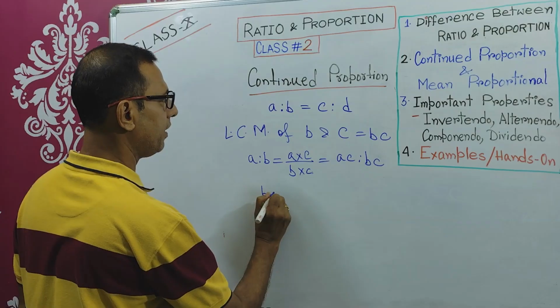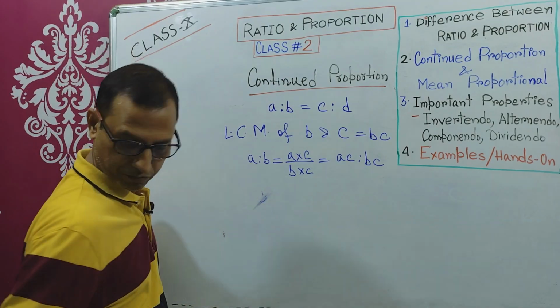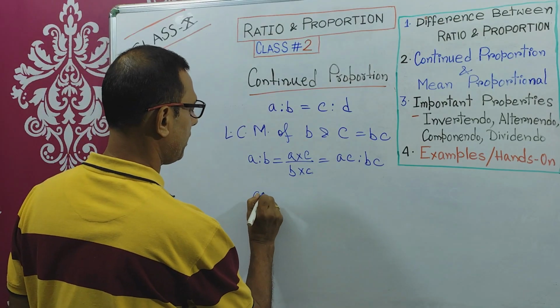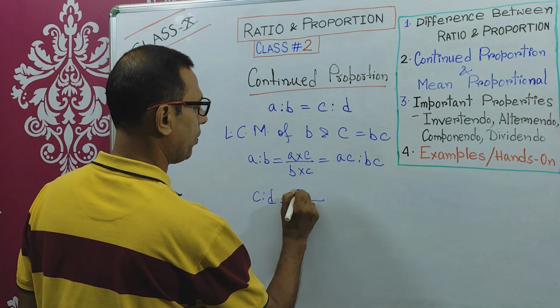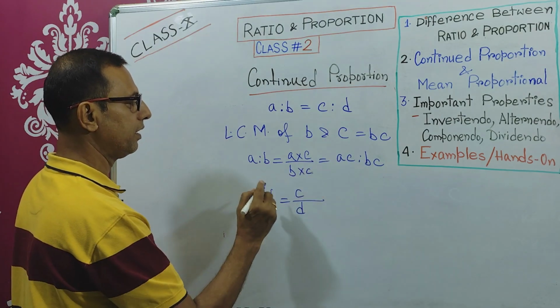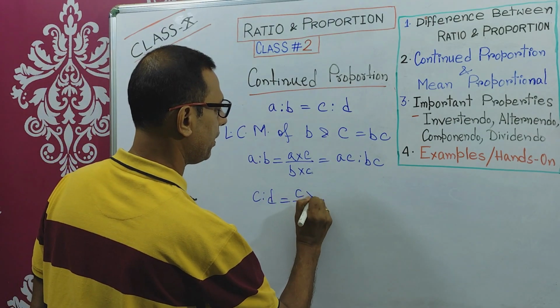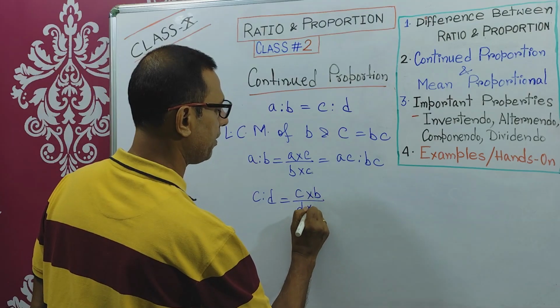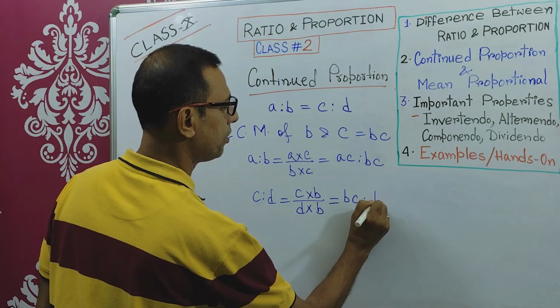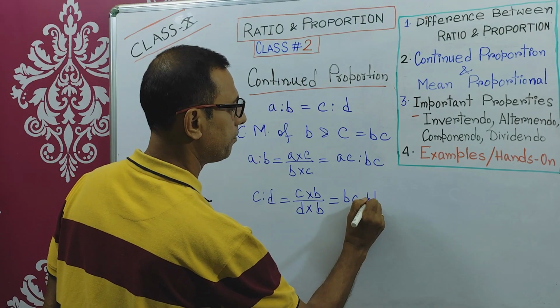For C is to D, what you need to do? You need to make this C also common with this BC, right? So you need to multiply both numerator and denominator by B. So it will be BC is to BD.